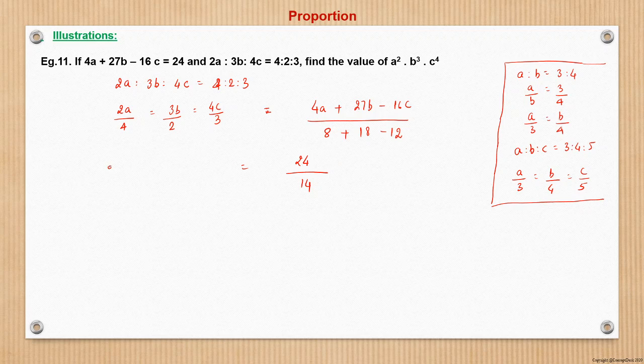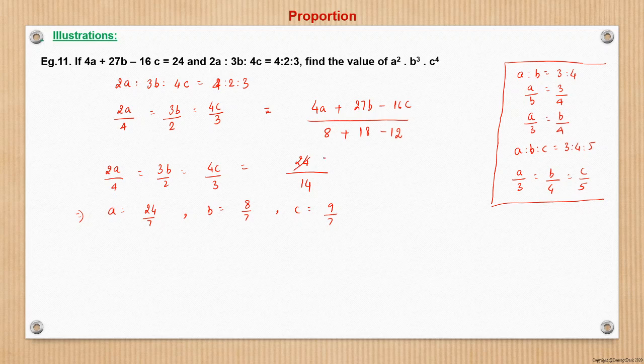So basically this means that 2a by 4 is equal to 3b by 2 is equal to 4c by 3 is equal to this. So from here we can say a is nothing but what? 24 by 7, b is 8 by 7, and c is I think 9 by 7.